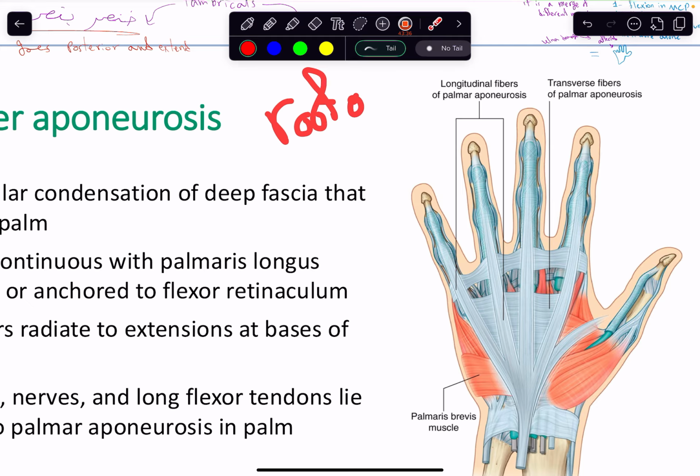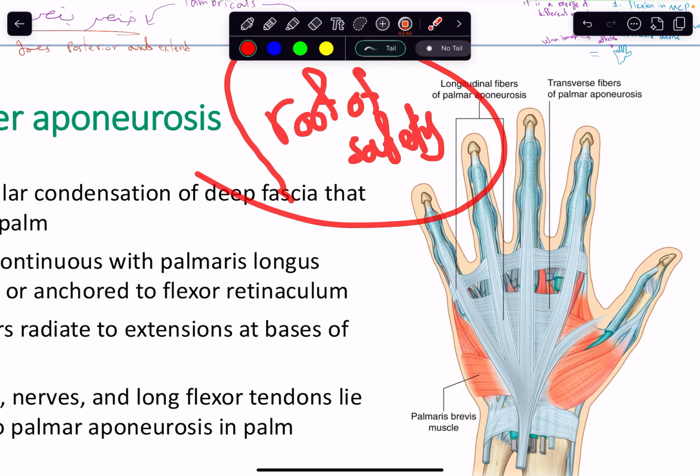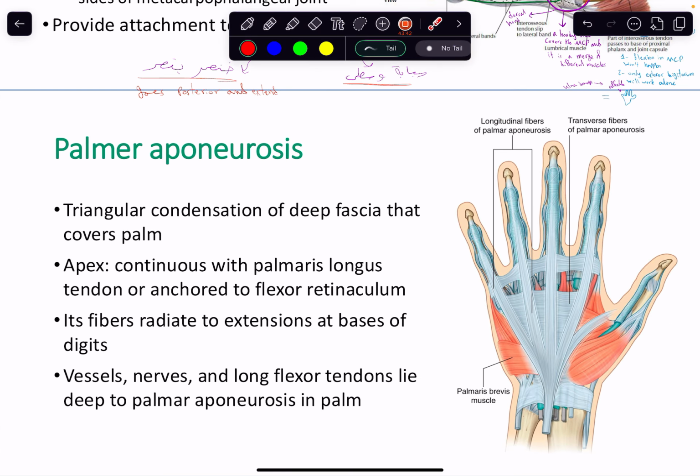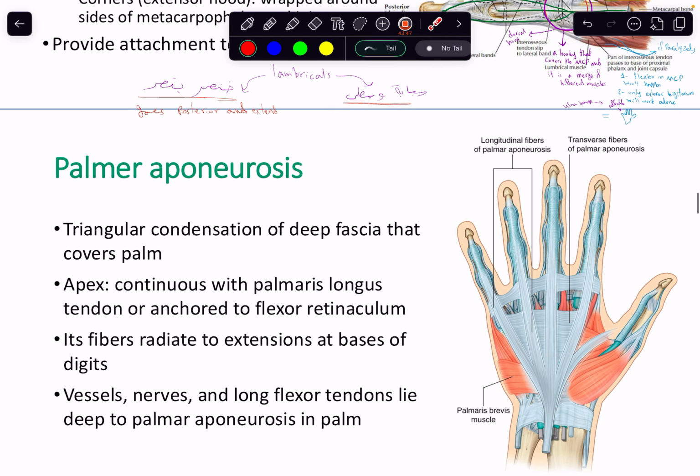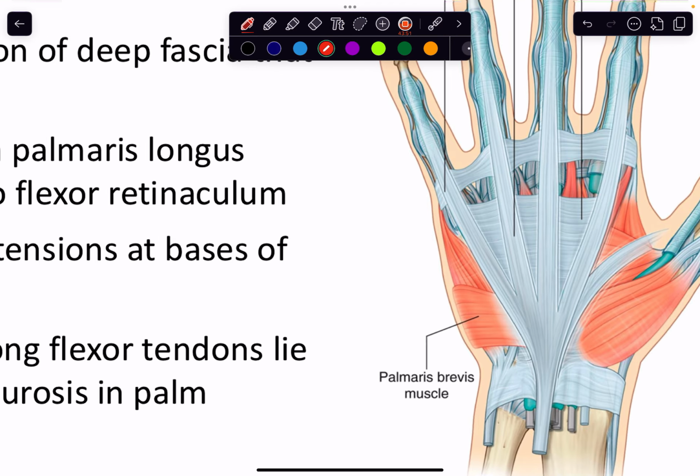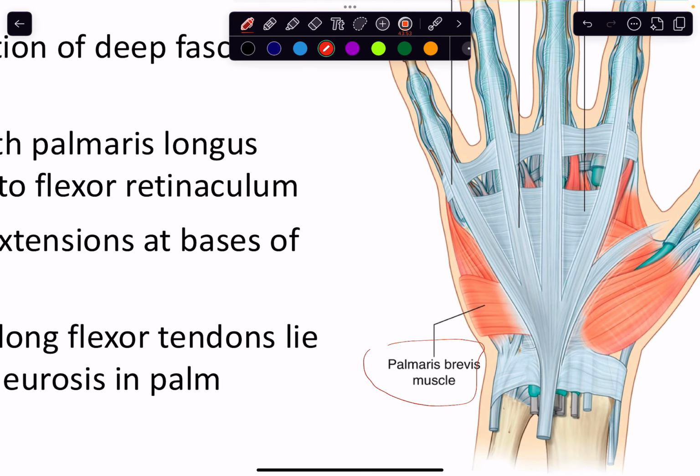Can you see this one muscle, palmaris brevis? This is very similar to the platysma in the neck. Platysma in the neck is originating from the clavicular area, but it is inserting to the skin.